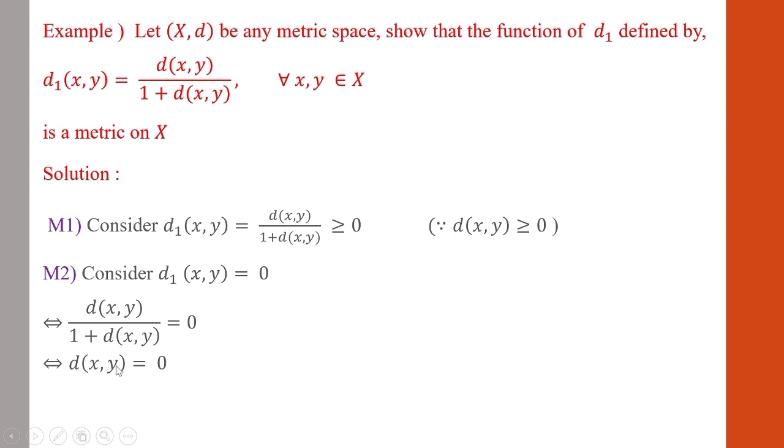But d is a metric, and therefore if d(x,y) is equal to 0, we get x equal to y. So we start with d1(x,y) equal to 0, we get d(x,y) equal to 0, and conversely, if x is equal to y, we get d1(x,y) equal to 0, and therefore it satisfies the property of coincidence.